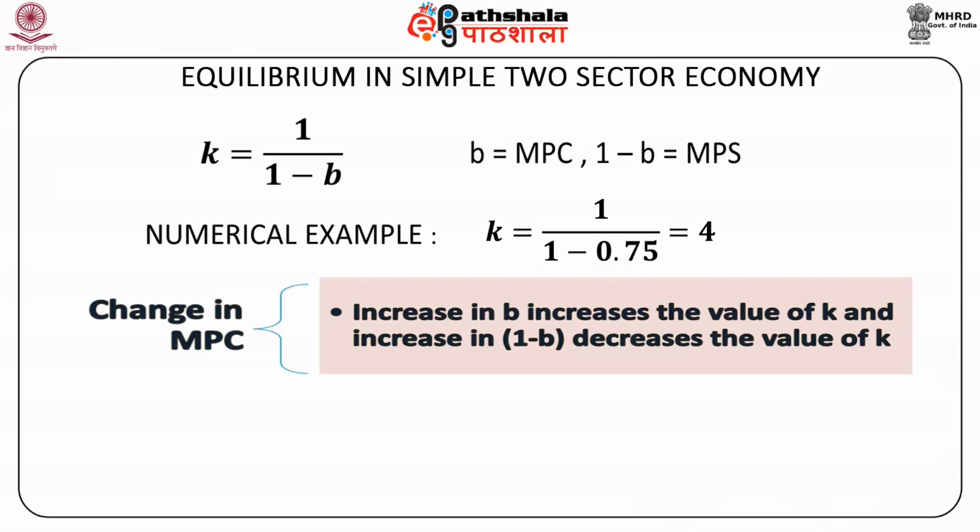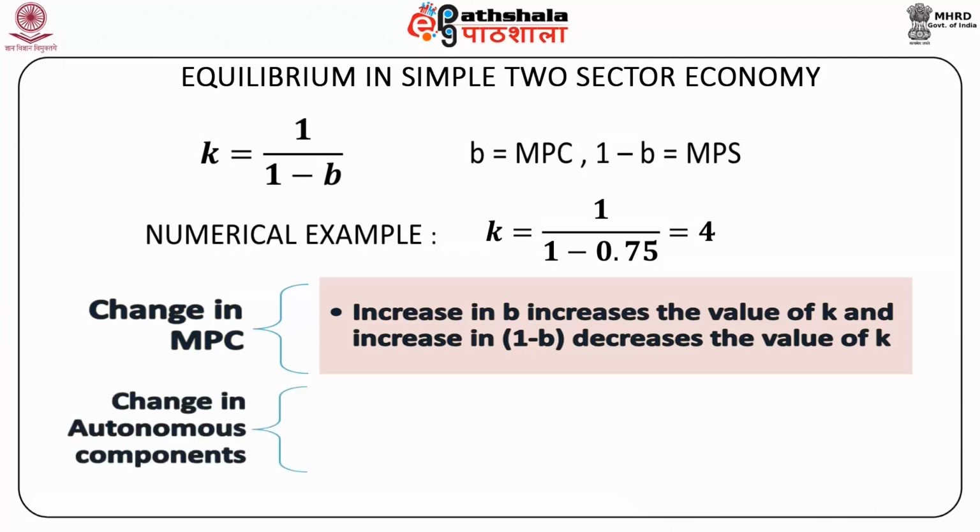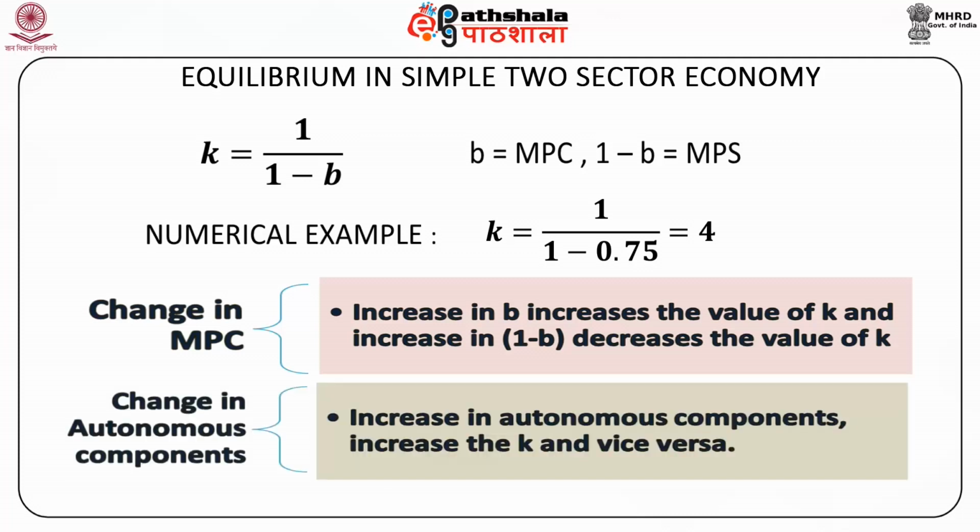In contrast, a higher MPS, that is 1 minus B, will lower the income generating power of an increase in autonomous investment or consumption. Second, the multiplier works both ways. While an increase in autonomous component of demand results in multiple increases in income, a decrease in autonomous component of demand will also result in a multiple decrease in income.